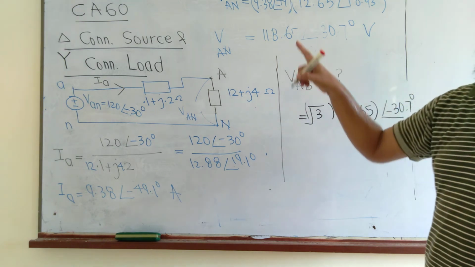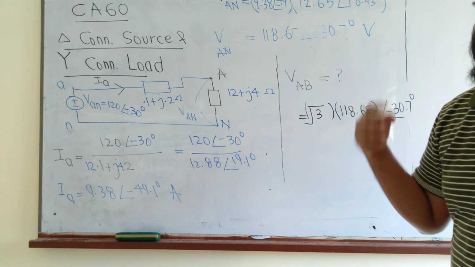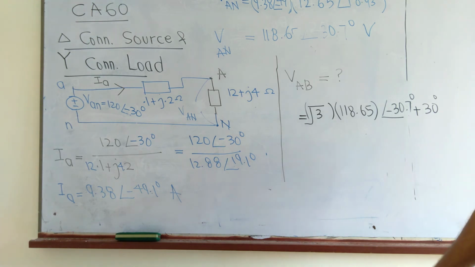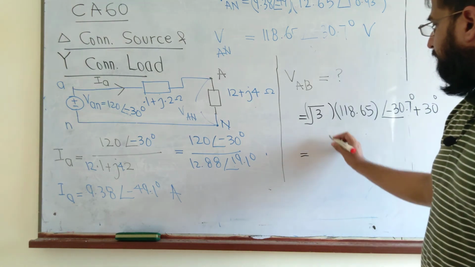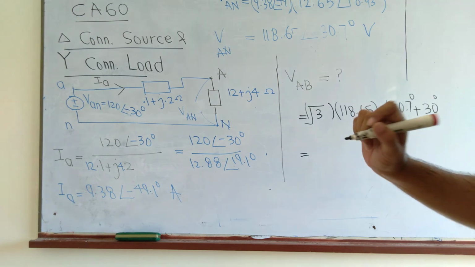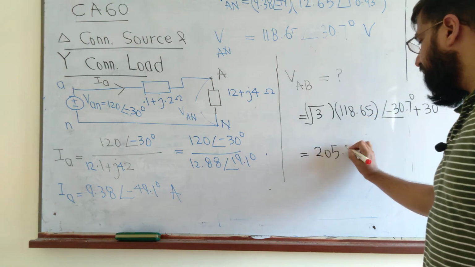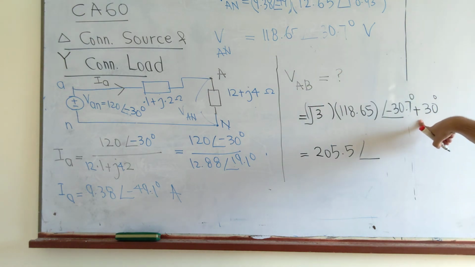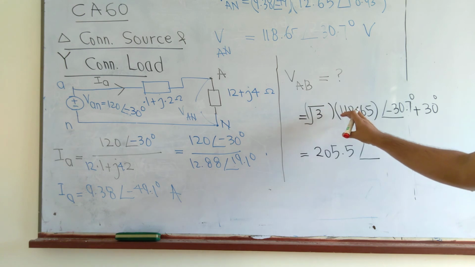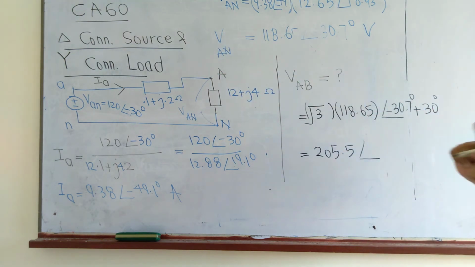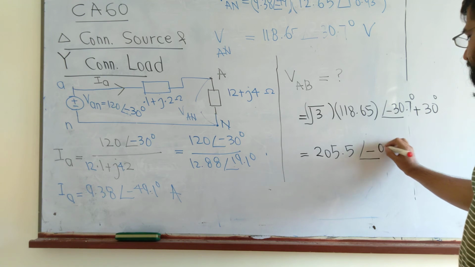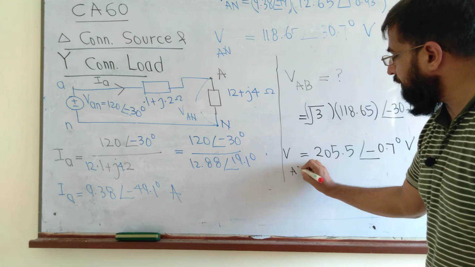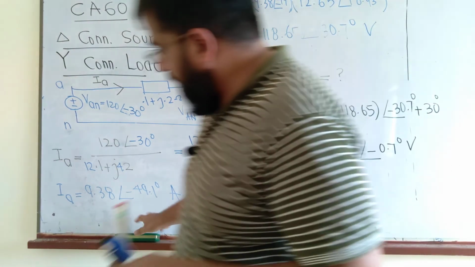Since we are moving from phase voltage to line voltage, we lead by 30 degrees, so it's just plus 30 degrees. So square root of 3 multiplied by 118.5 gives us 205. This is very important: if we are moving from phase voltage to line voltage, we add 30 degrees, and if we are going vice versa, from line voltage to phase voltage, we subtract 30 degrees. The angle is minus 0.7 degrees. So this is our required quantity, VAB.